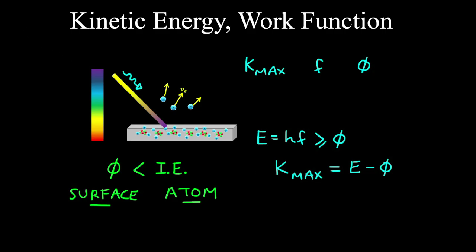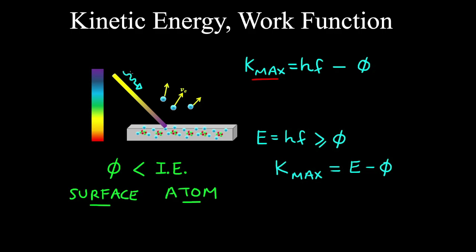So specifically, the maximum kinetic energy is equal to Planck's constant times the frequency of light, which is the energy of the photon, minus the material's work function. So again, increasing the intensity of light means bombarding the surface of the material with more photons, which results in more photoelectrons being liberated, but the maximum kinetic energy does not change.